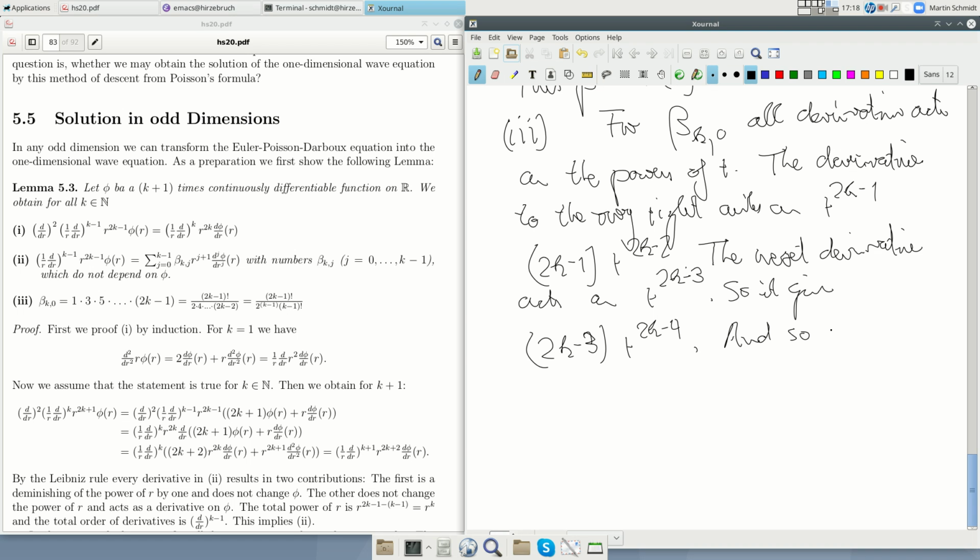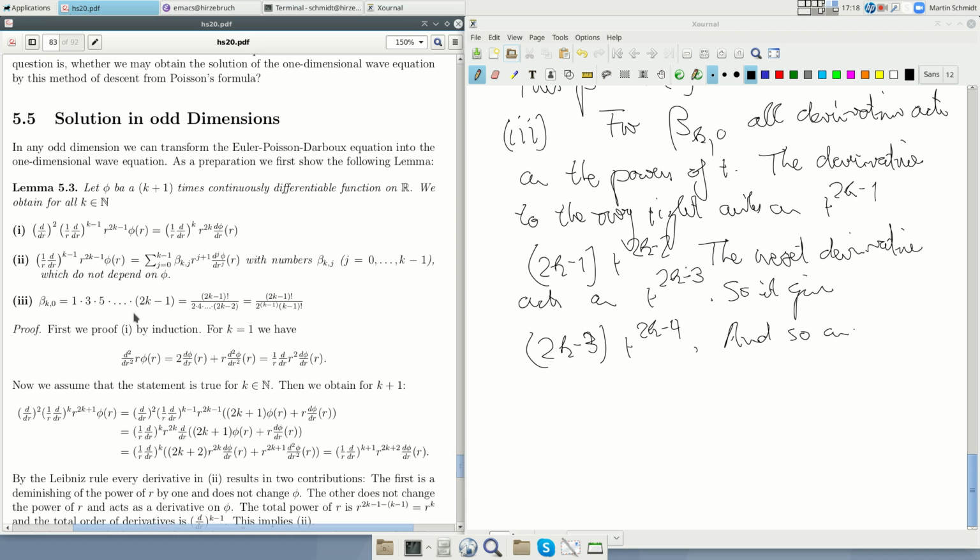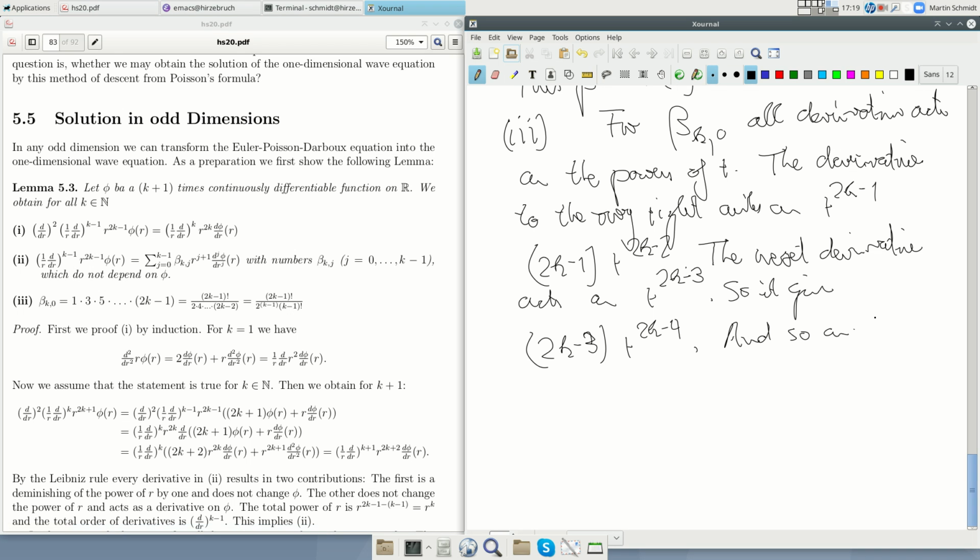Altogether we have k minus 1 such operators. Hence beta_{k0} is equal to 2k minus 1, 2k minus 3, and so on.